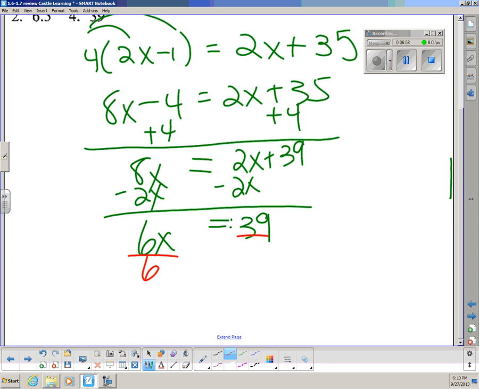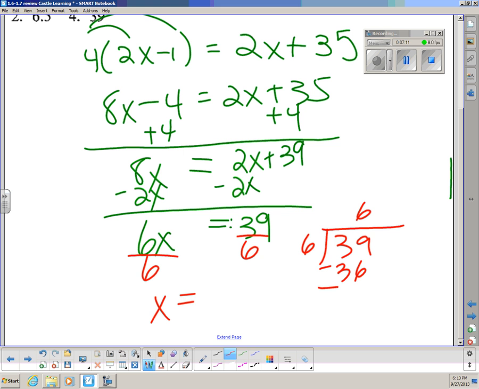39 divided by 6. Now, some of you might have a little trouble doing this. Well, 6 goes into 39 6 times. 6 times 6 is 36. So I get 3, and now I'm getting into my 10th spot. I'm taking 30 divided by 6, which is 5.